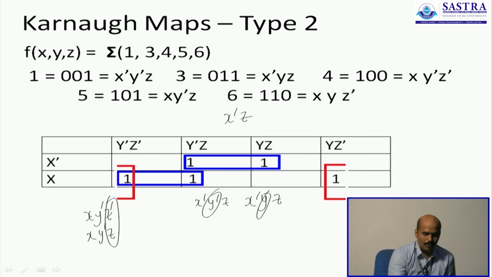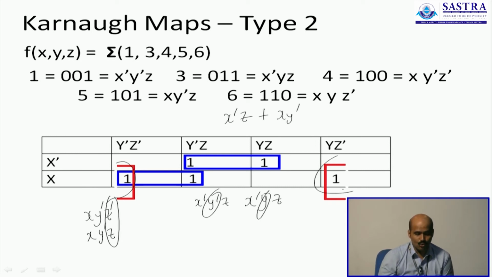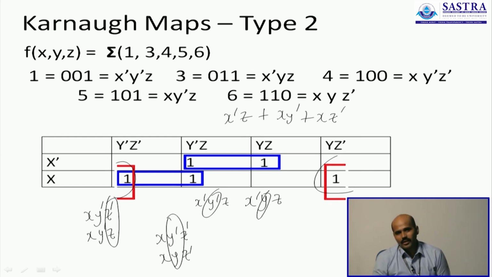So z is not common, chop it off, that's the term x y bar. And the two extremes can also be grouped, which means I have an x y bar z bar and an x y z bar. Whatever is not common can be chopped off. Y is not common, I'll have only x and z bar. So I have only 3 terms in the reduced Boolean expression instead of the 5 original terms.